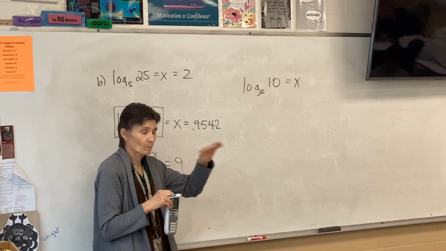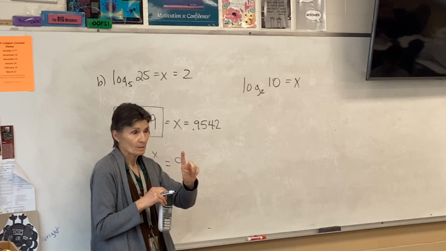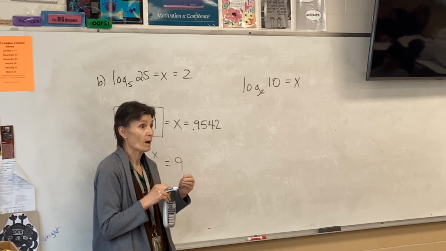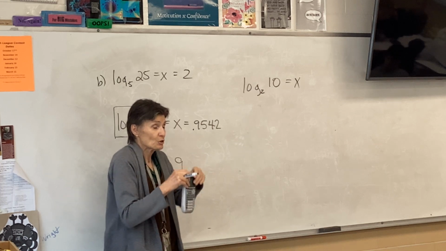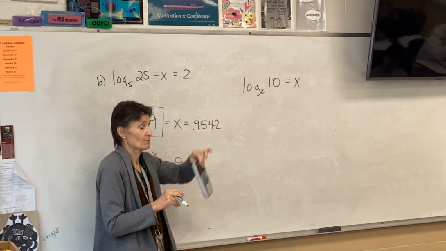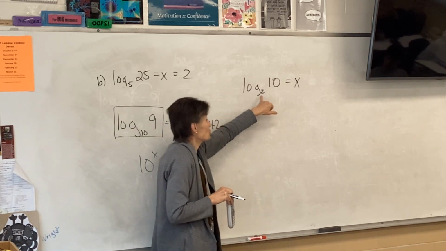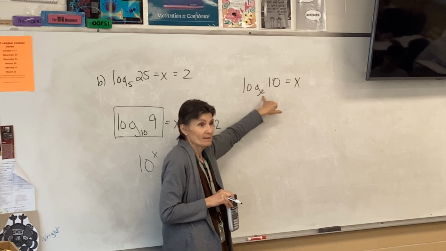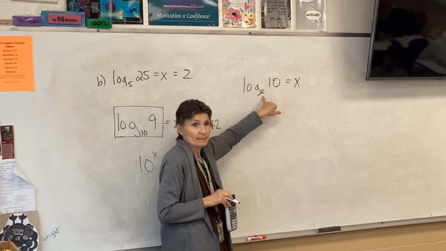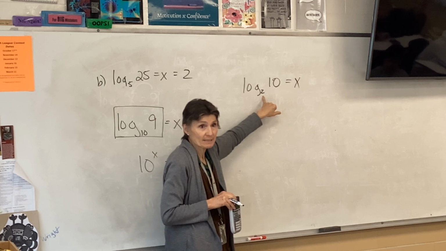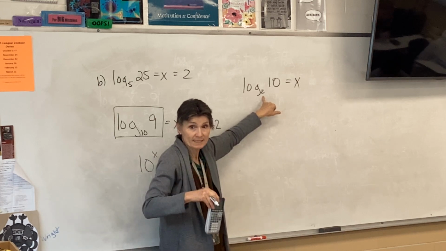So we're not going there, we're not using that right now. Right now, we're going to do what we would need to do to use a standard calculator, and that is change this to a different base. Either 10 or 8, it doesn't make any difference, but I have to change it to one that I can type in.